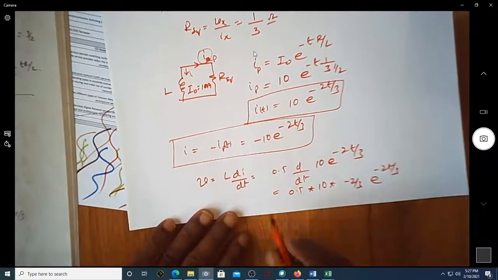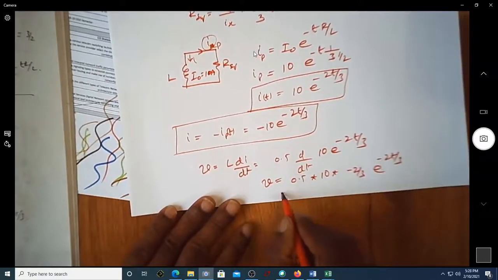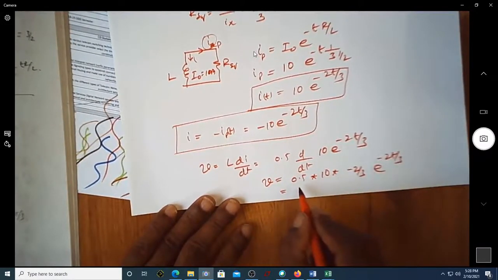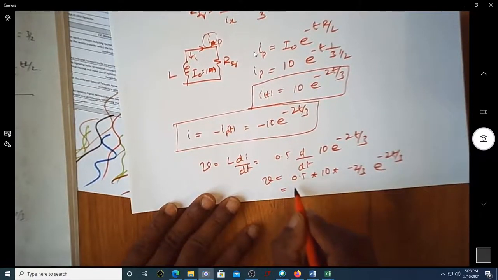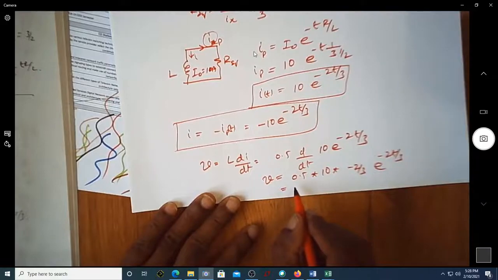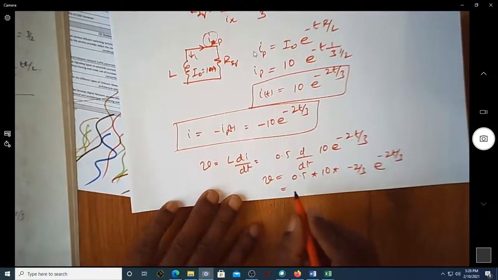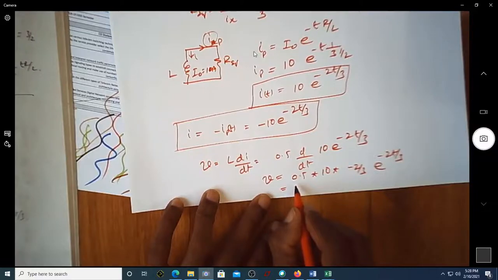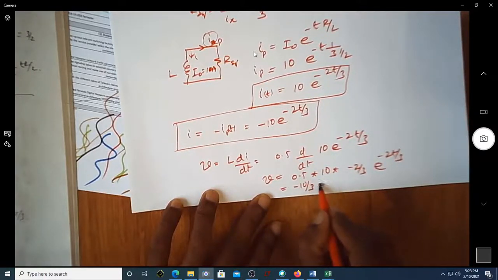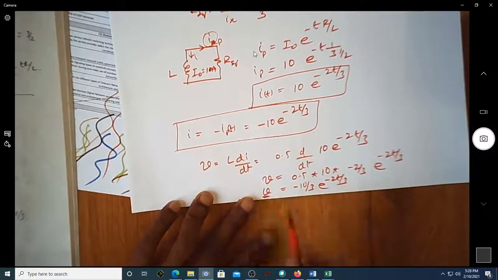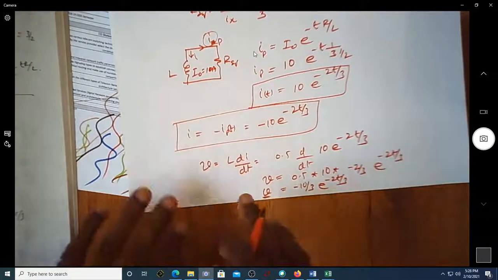So the expression for this will be 0.5 and this becomes 10 by 3 e power minus 2t by 3. This is the expression for voltage.